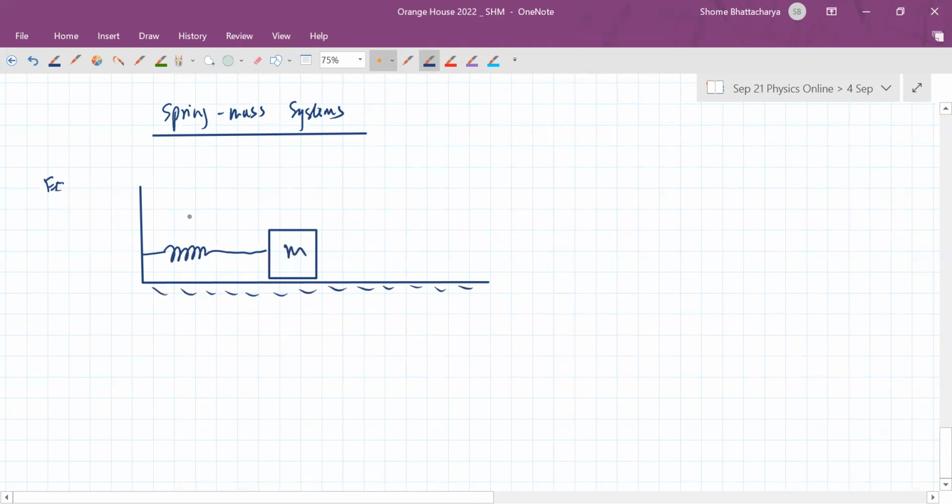This is a smooth surface. Now, for example, if it is given that the spring constant is 25 newtons per centimeter and the mass of the block is, let's say, 4 kilograms.